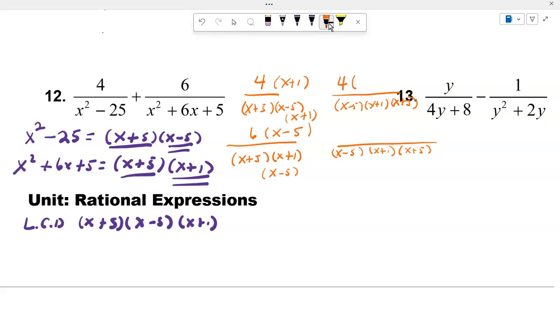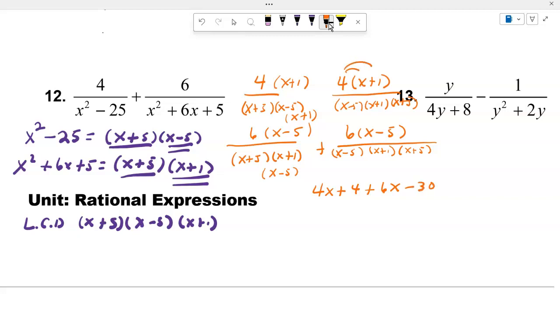So I have 4 times x plus 1, and I have 6 times x minus 5, and I have my common denominator. And I'm adding, so I have 4x plus 4 plus 6x minus 30.